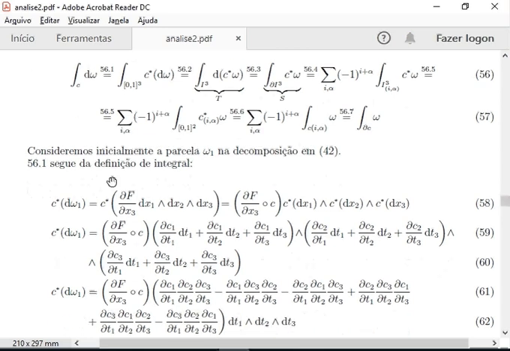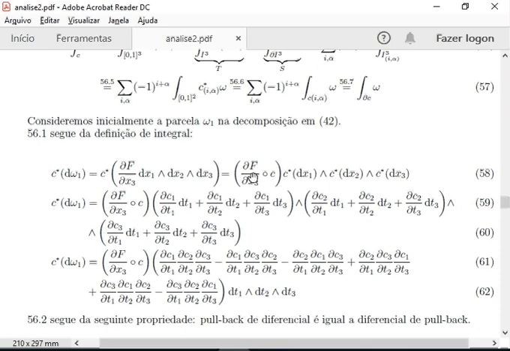Let's explain it. Pullback of d omega 1 is pullback of df dx3. It is the composition of df dx3 with c, pullback dx1, wedge pullback dx2, pullback dx3.